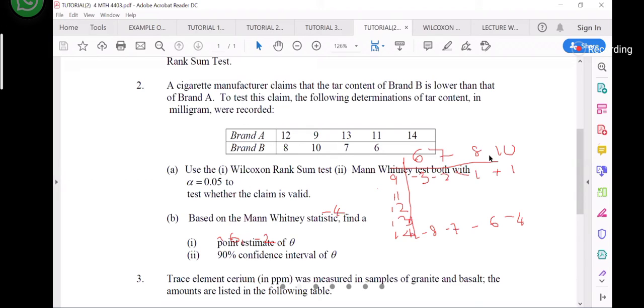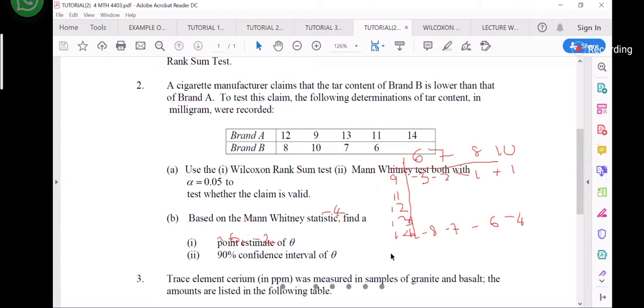Because this specifically mentions that the tar content of brand B is lower than that of brand A. Where is B? B is here, and this is A, right? So if I specifically mention B is lower, then this minus that.